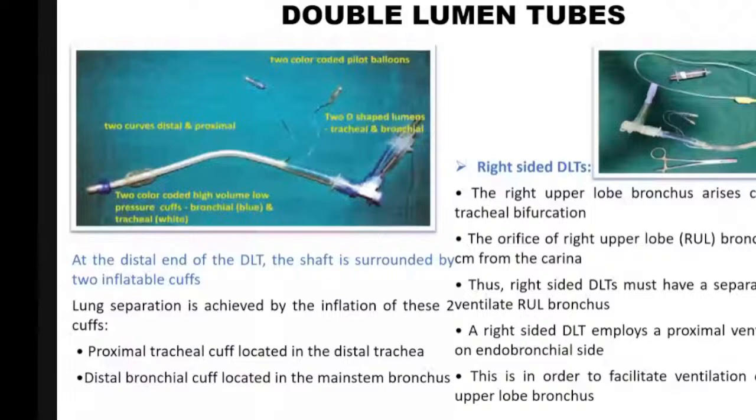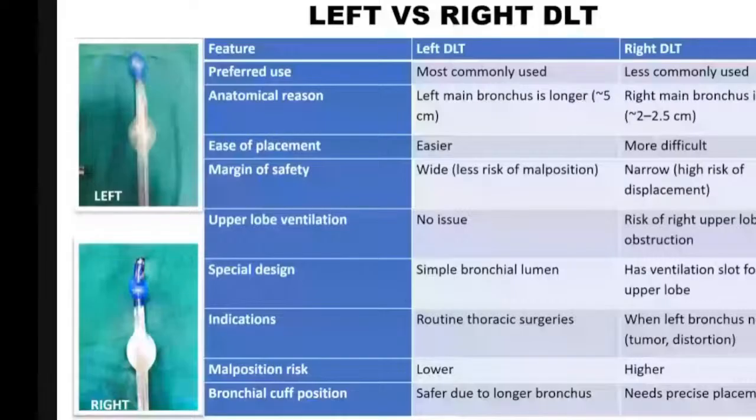So in a left side DLT, the risk of malposition is less, whereas in the right, the margin of safety is very narrow, so there is high risk of displacement and high risk of right upper lobe obstruction.